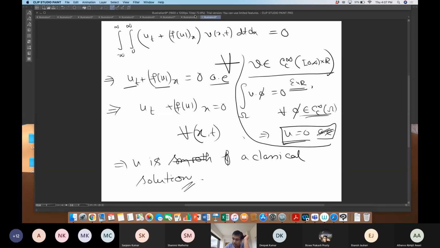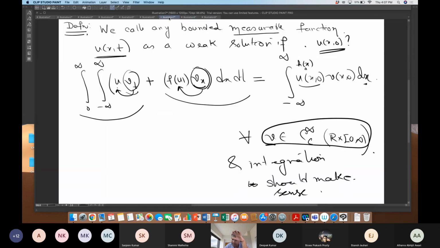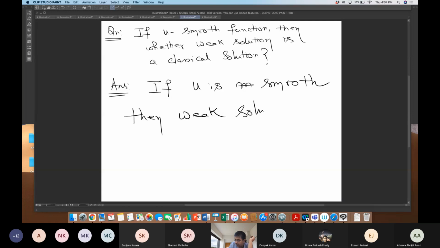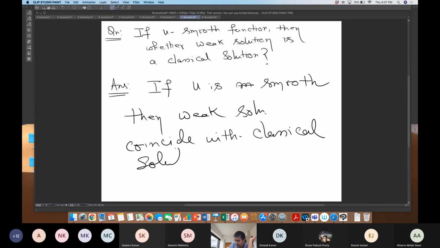So the answer is, if u is smooth, then the weak solution coincides with the classical solution. Is that clear or not?